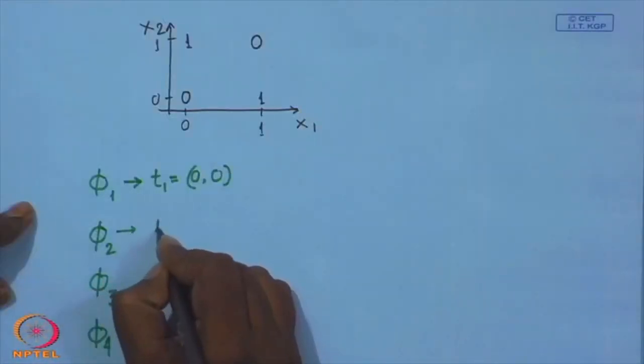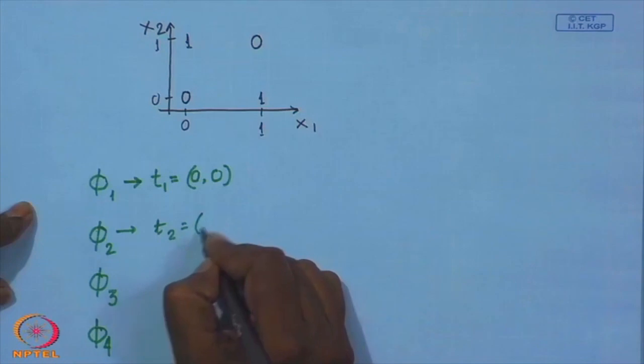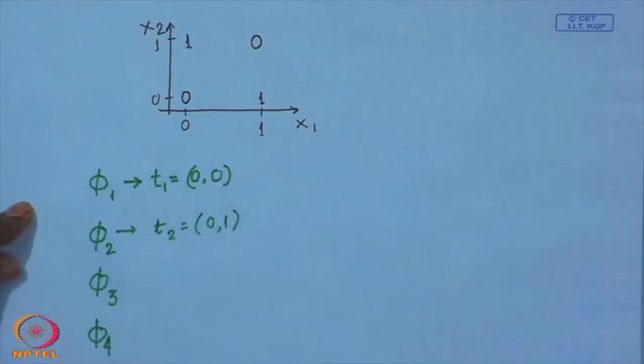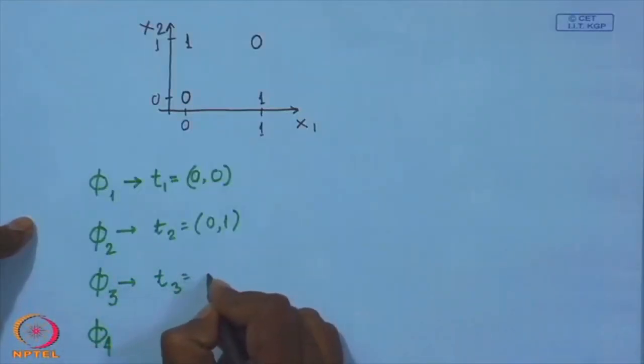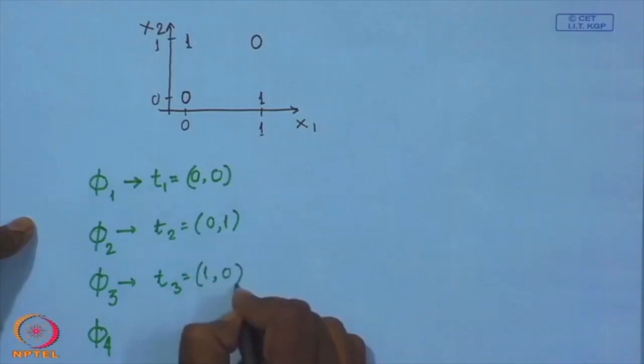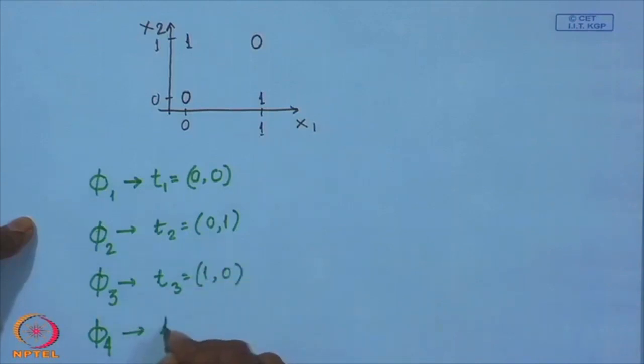Similarly, for phi 2, I choose T 2 as 0 1, for phi 3, T 3 is equal to 1 0, and for phi 4, I choose T 4 equal to 1 1. So, these are the 4 receptors for the 4 radial basis functions.